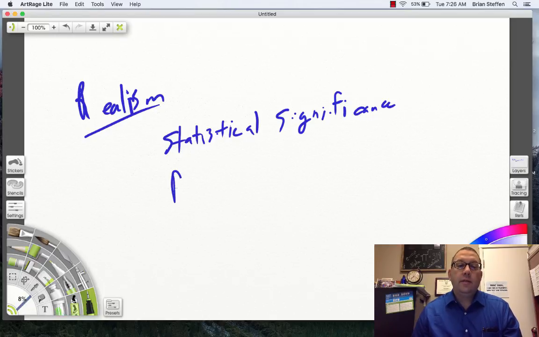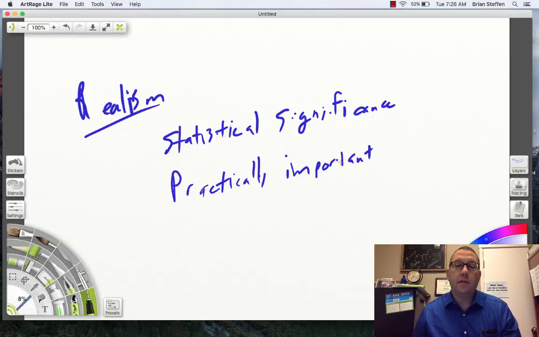Is that practically important? In this case, the answer is yes, because it's going to impact people's lives and how well they go through treatment. But it's possible that there is a statistical significance between those who like tap water versus bottled water. Is that practically important? For most people, the answer is no, but for some it might be.